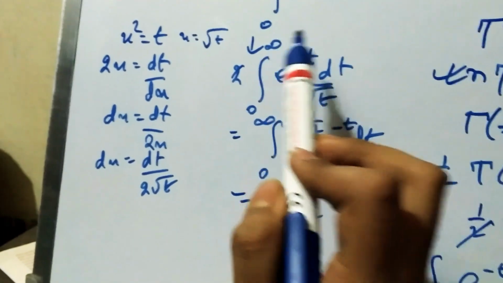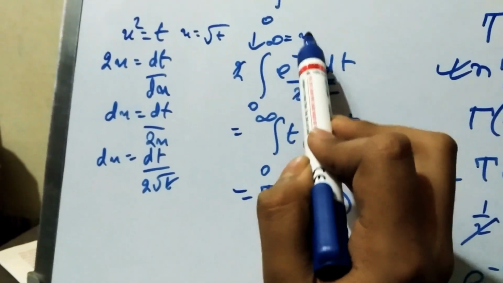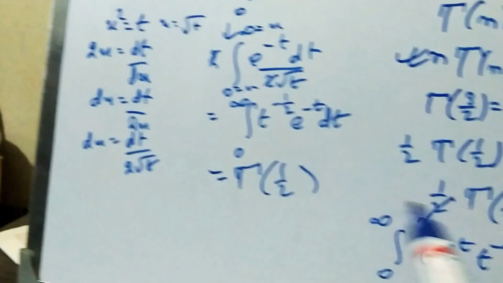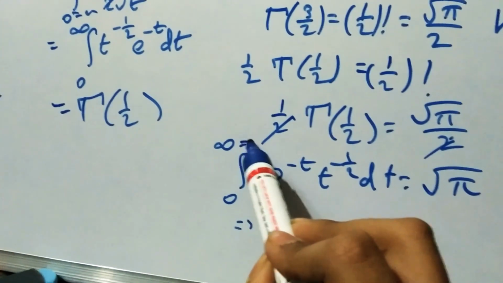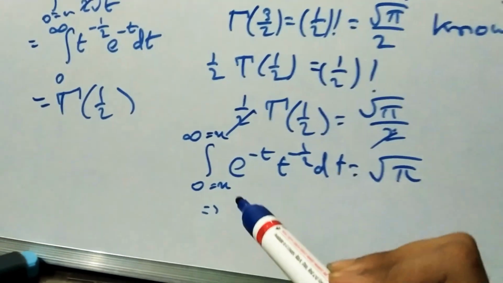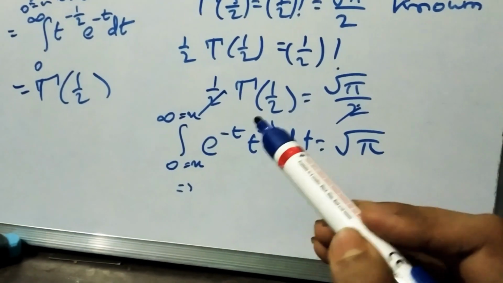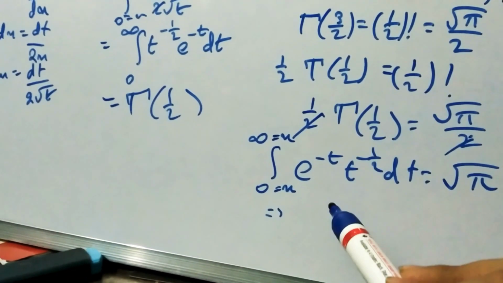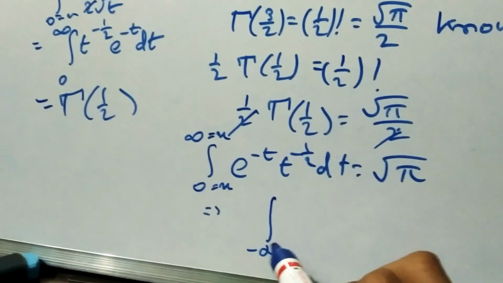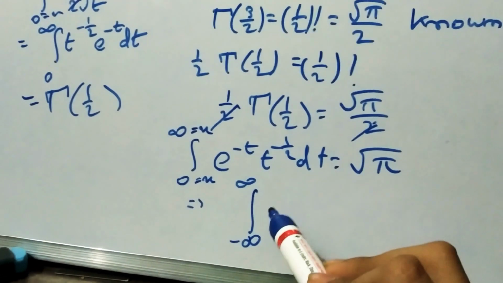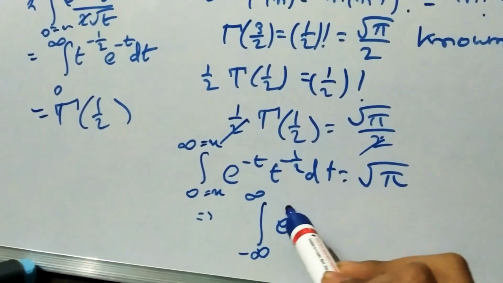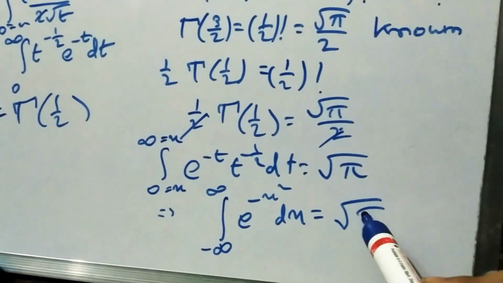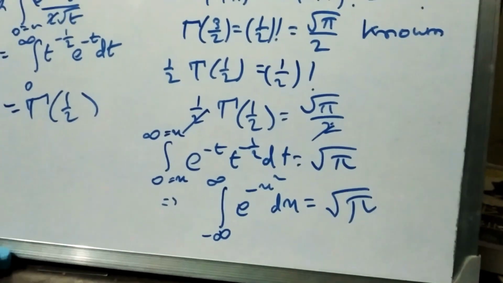When we're defining these limits, these values, infinity and 0, are the values of x, not of t. Fine. So this is exactly equal to the first integral that we had defined, from negative infinity to positive infinity, e to the power of minus x squared dx. So we can write this is equal to root pi. So this completes the proof.